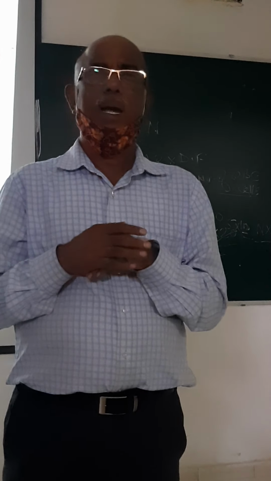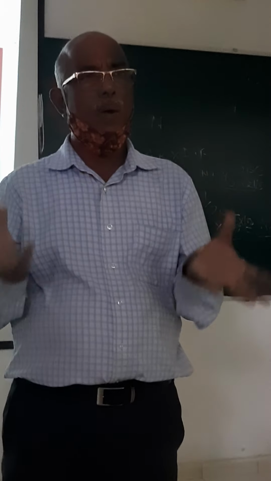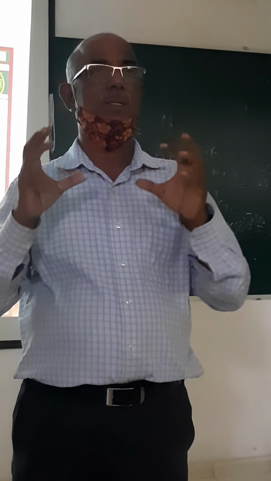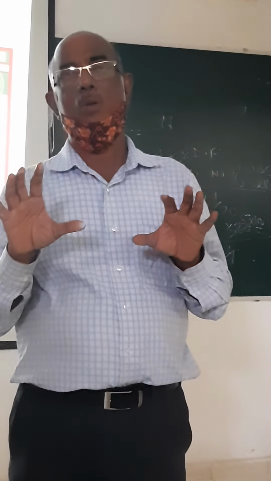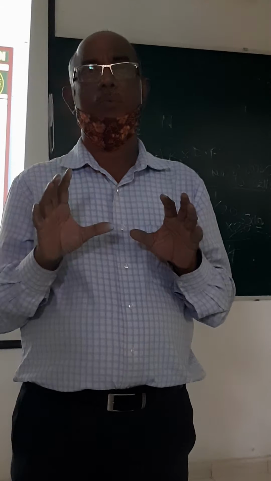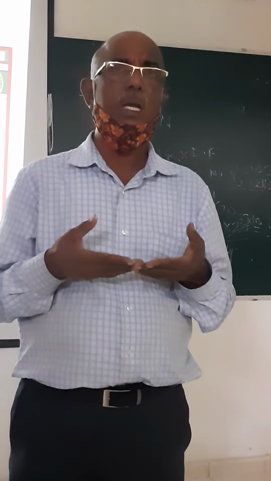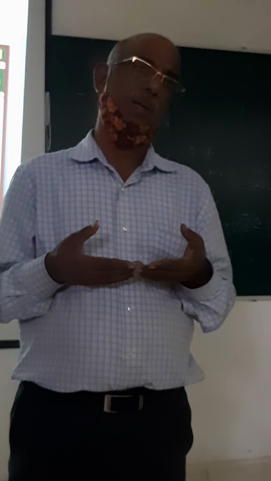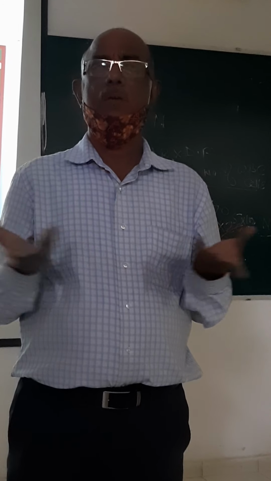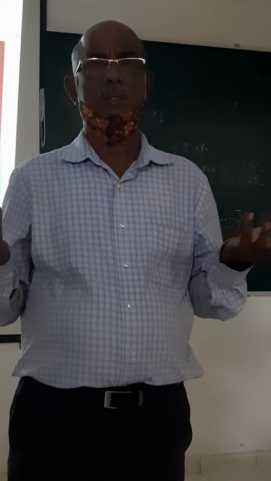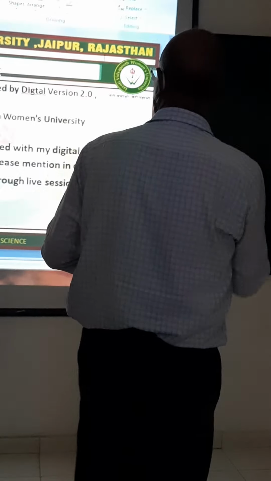Right? And we will use our compound binocular microscope, and we will see under the low power and take out the reading. Right? So this is all about the total count of WBC.